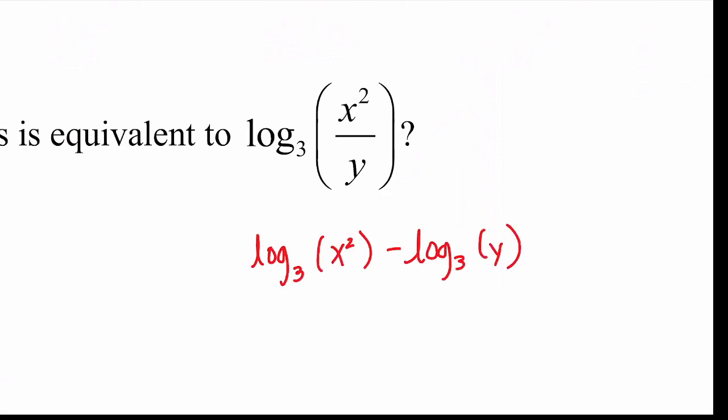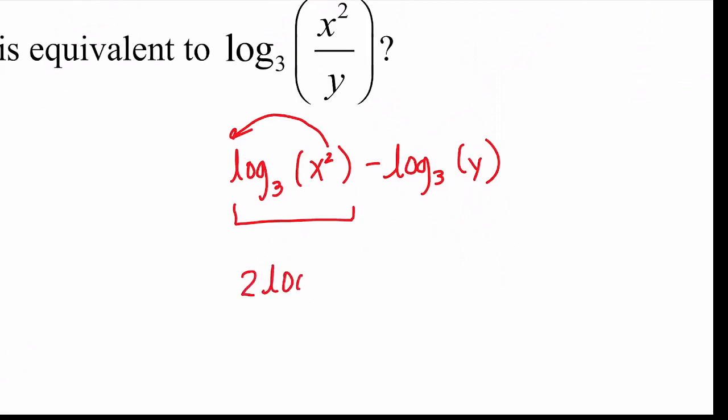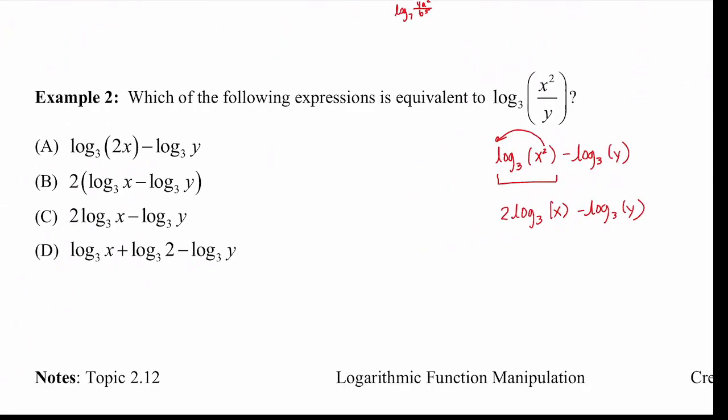And then I notice with the first log that it has a power, which I can also undo. I'll do the power rule here. We'll take that power and move it as the coefficient of that log. 2 log base 3 of x minus log base 3 of y. And I think that does match one of my answer choices. It's going to be C.